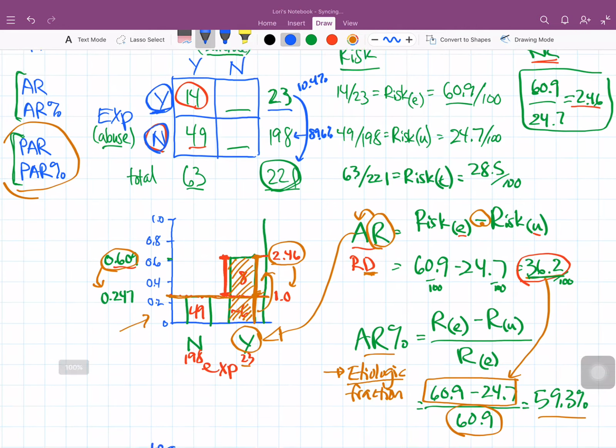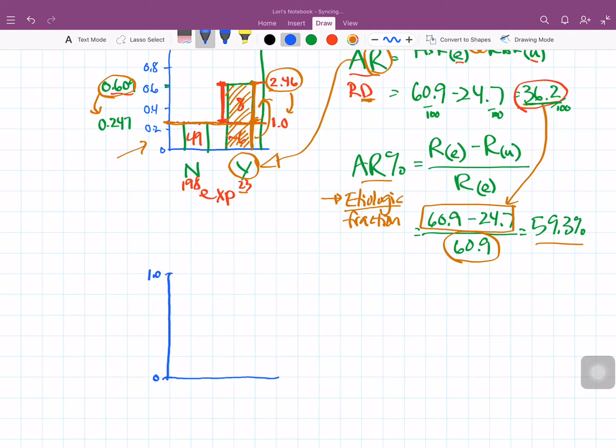So I'm going to draw those for this population attributable risk and population attributable risk percent. I'm going to draw that proportionately. So here's 20, 40, 60, 80, 100. I'm going to say that here's about my 10% mark.